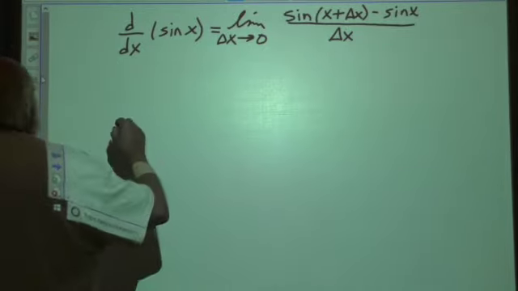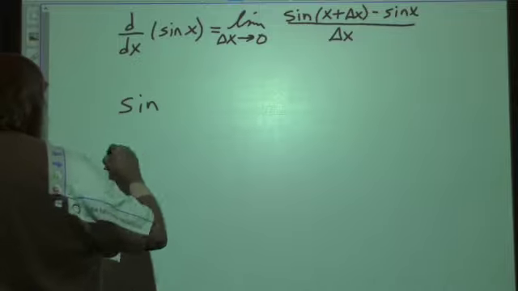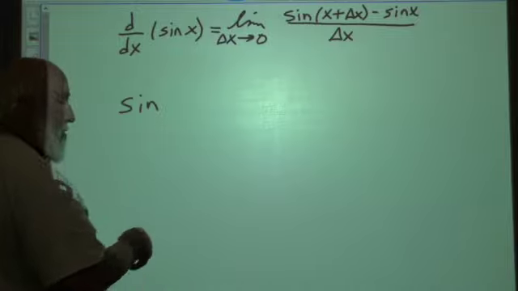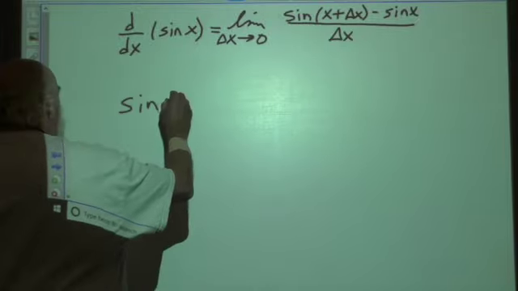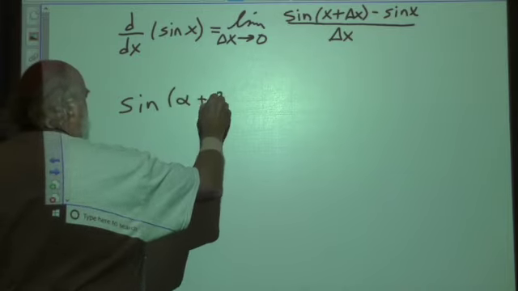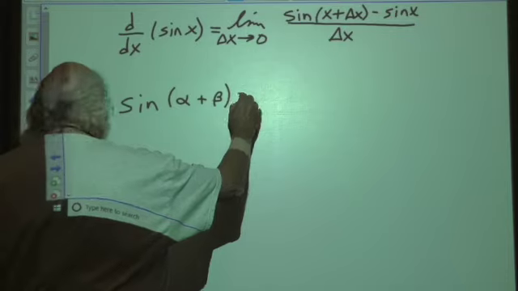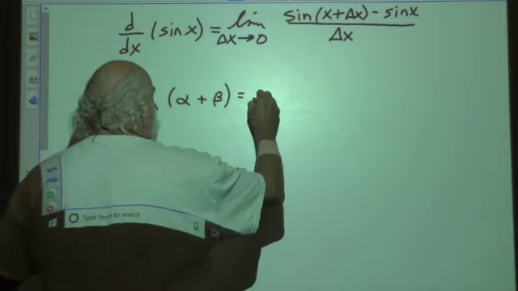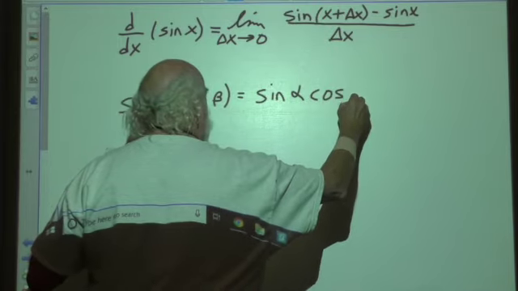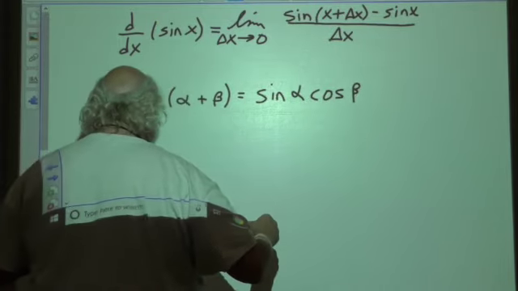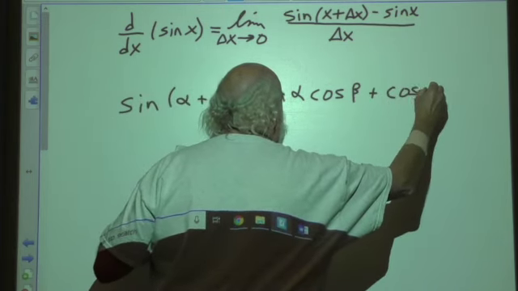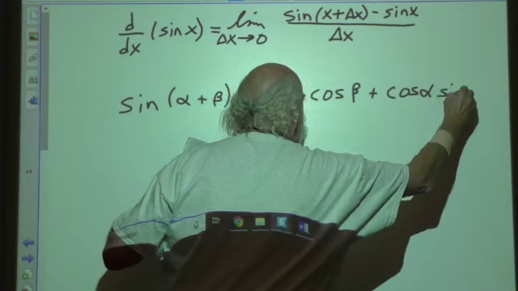So if we have two angles, which we call, instead of x and delta x, alpha and beta, because that's what the mathematicians have done. The sine of the sum of alpha and beta is equal to sine alpha times cosine beta plus cosine alpha times sine beta.